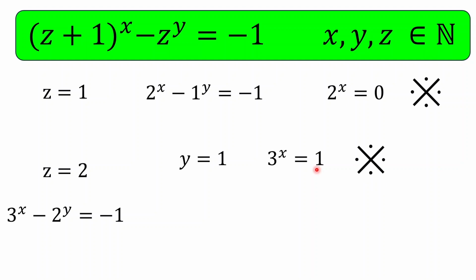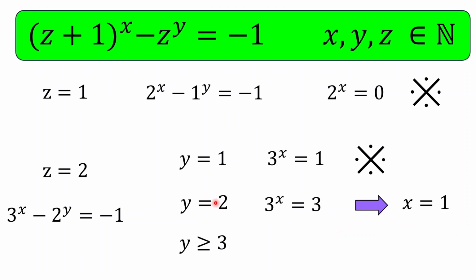So this is not a solution. The case y equal to 2: 2^2 is 4, so 3^x is equal to 3, x is equal to 1. So this is one solution, x=1, y=2, and z=2. And the rest of the cases are when y is equal to or larger than 3.